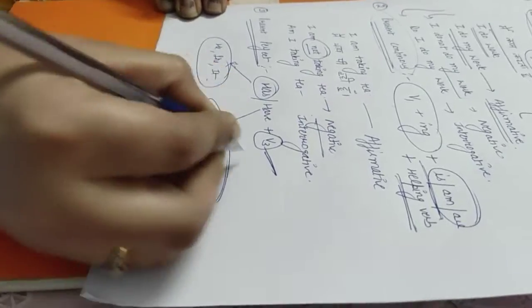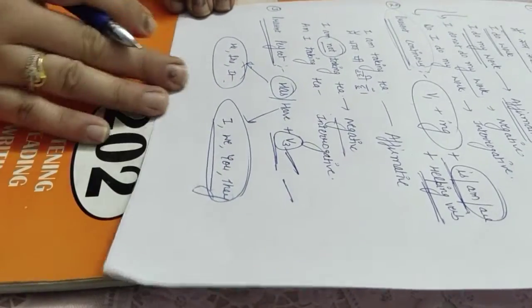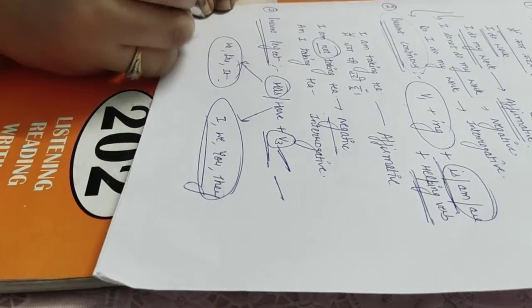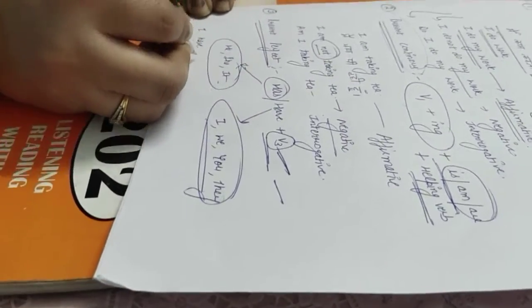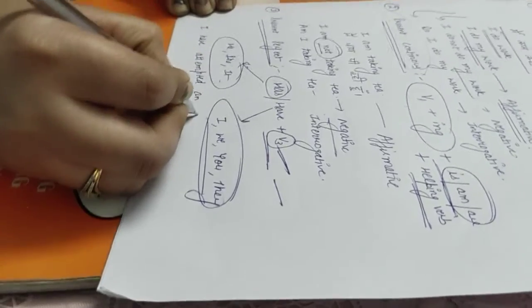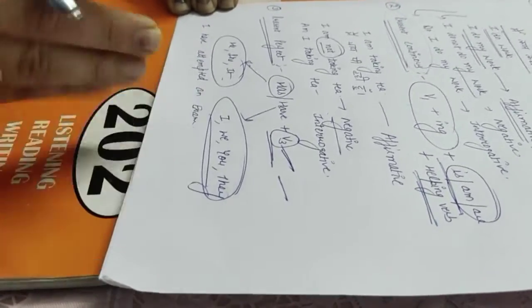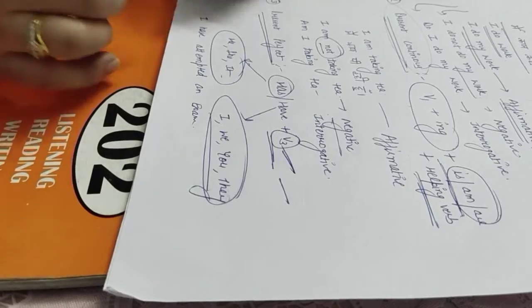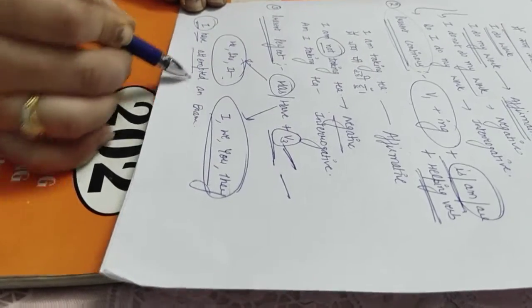That is called have plus verb third form. For example, I have attempted an exam. मैं एग्ज़ाम दे चुकी हूँ. That is called I have attempted an exam.